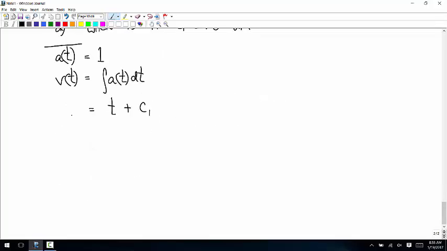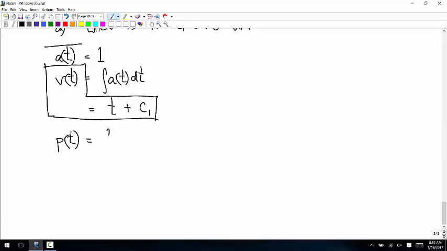And then the position function, there's the velocity. The position function is the integral of the velocity with respect to time. So that's equal to t squared over 2 plus c1t plus some other constant c2.